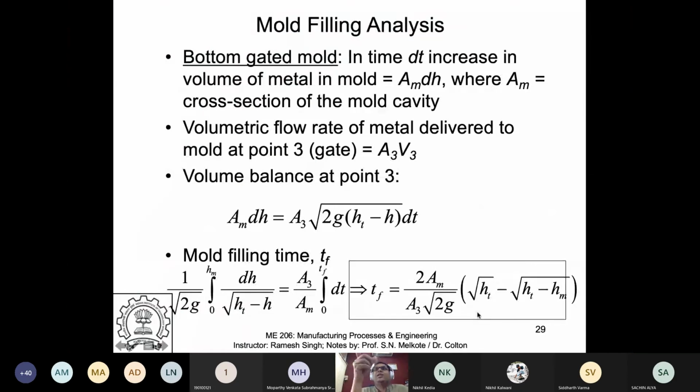Okay, so this is the solution, exactly what we got from Mathematica: 2 A_m A_3 root 2g (h_t minus h_m). This is the mold filling time.